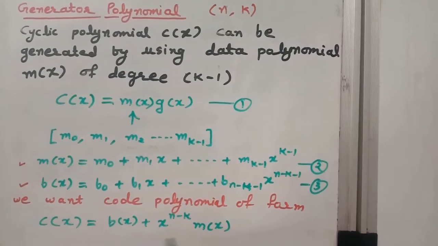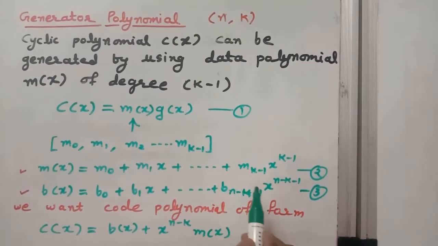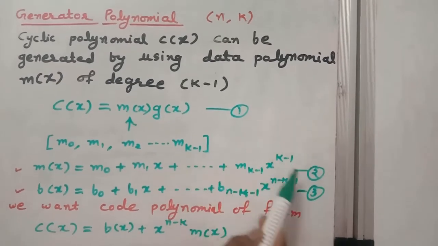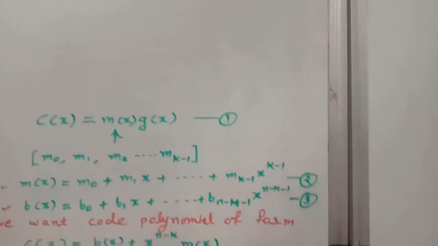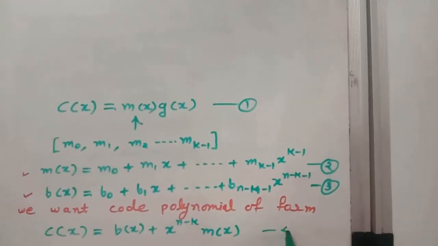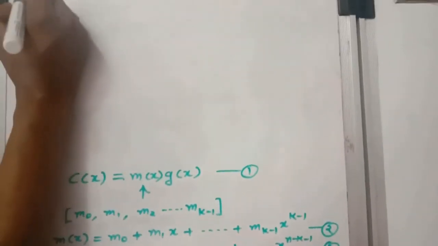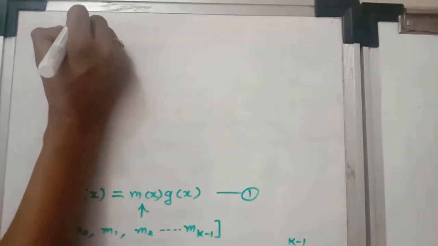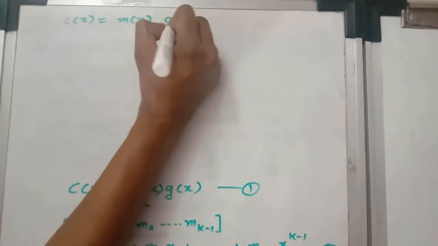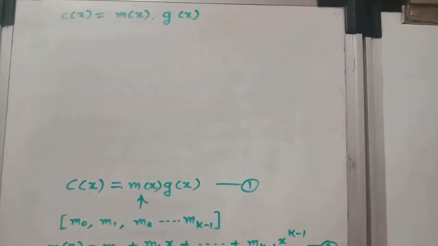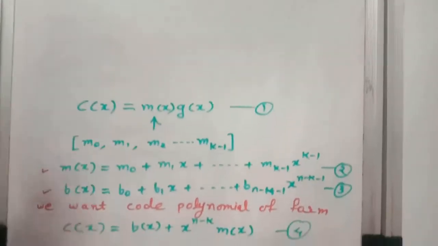From equation 1 and equation 4, what can we write? We know that c of x is nothing but m of x into g of x. So this c of x value we will put in this equation.